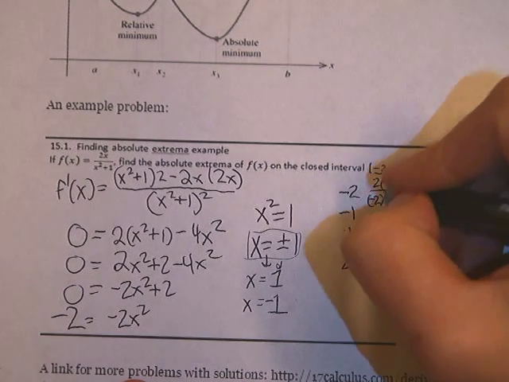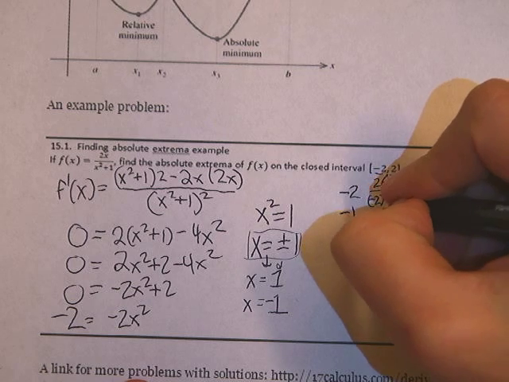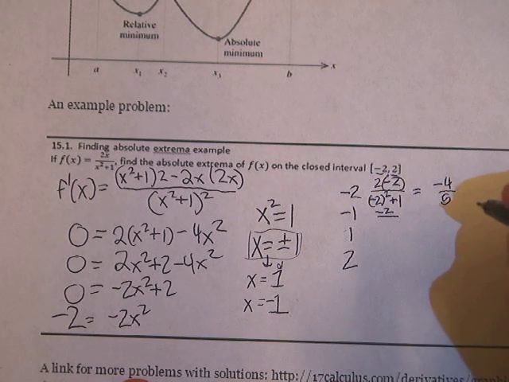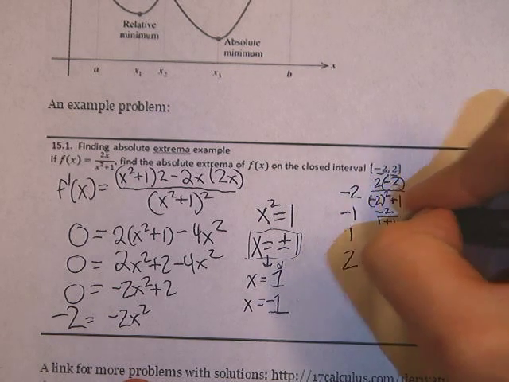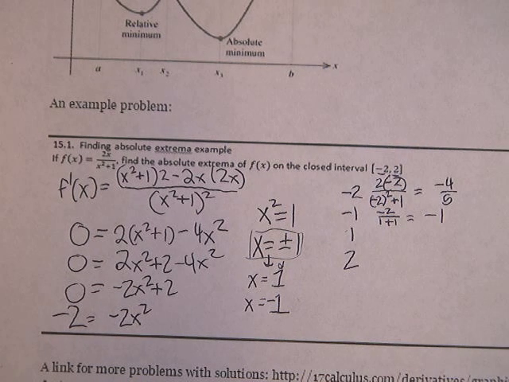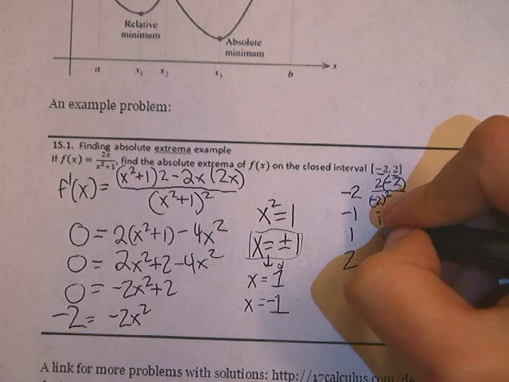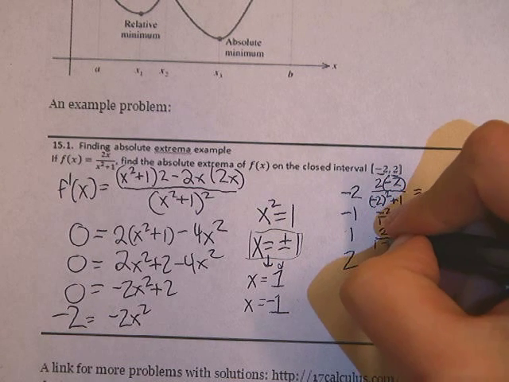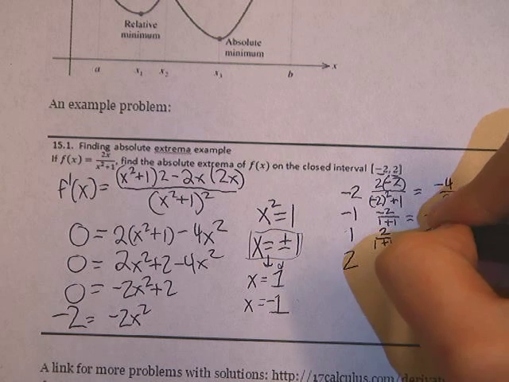All right, negative 1 time. On top I just get negative 2 over 1 plus 1, so that's negative 1. Next, 1, I get positive 2 over 1 plus 1, and that is 1.